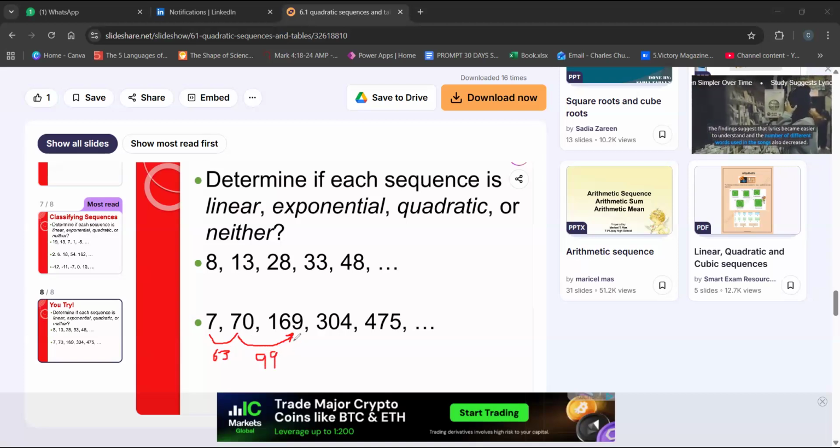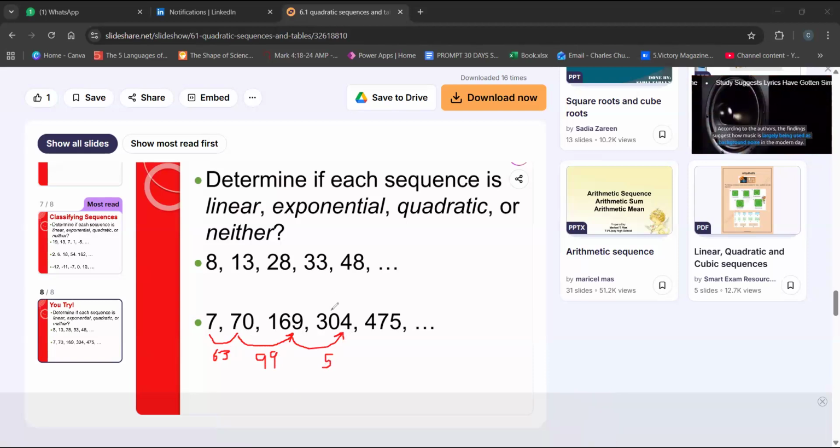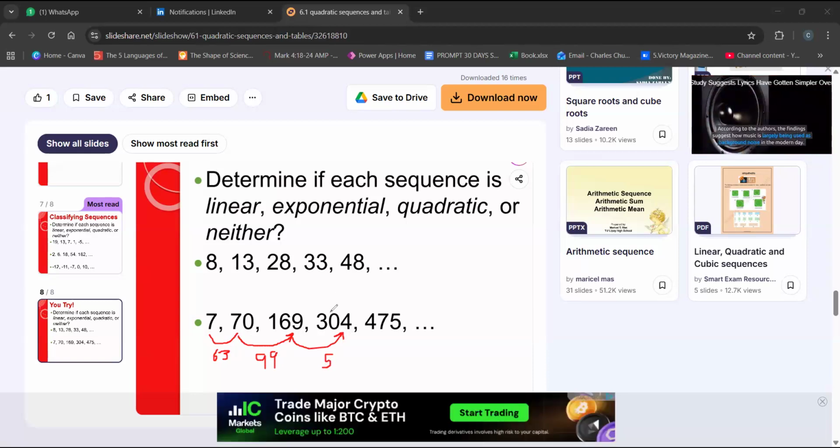Okay. Then between this one and this one, that's 135. Yes.